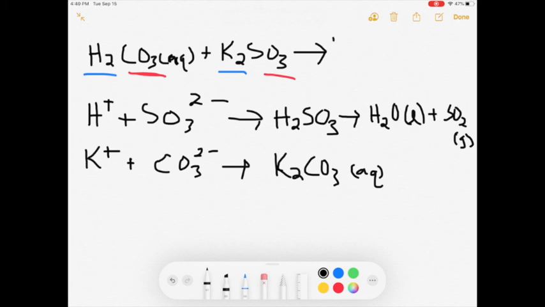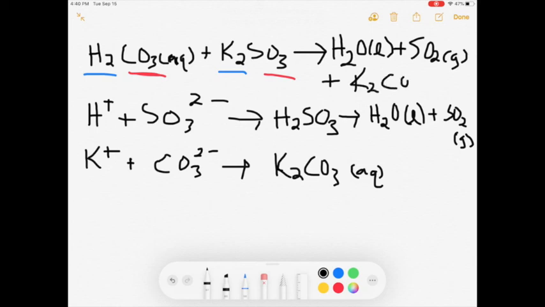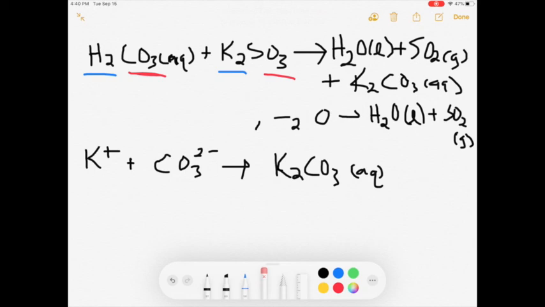Okay, so we can put all that up here. And again, it doesn't matter which order you put the products in. And then K2CO3 aqueous.